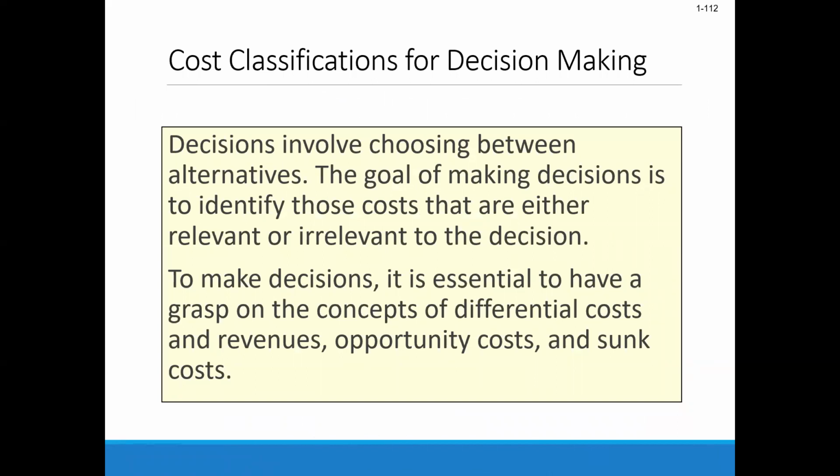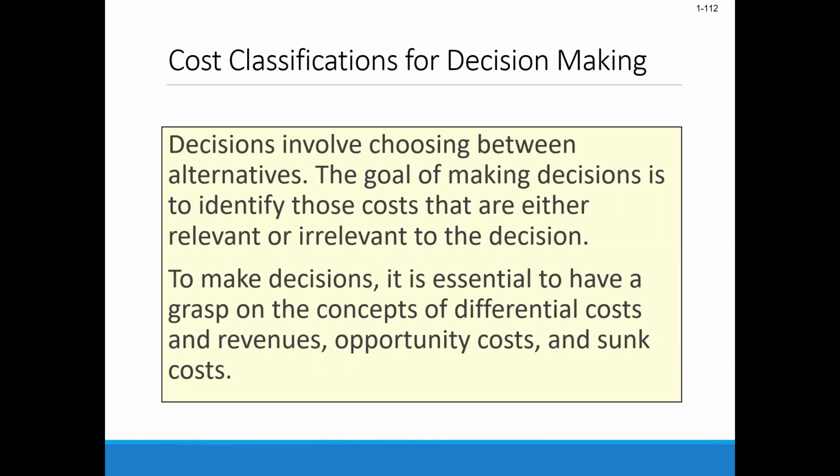Every decision has at least two ways it can go: alternatives, options. The goal of making decisions is to identify those costs that can be relevant or irrelevant to the decision.